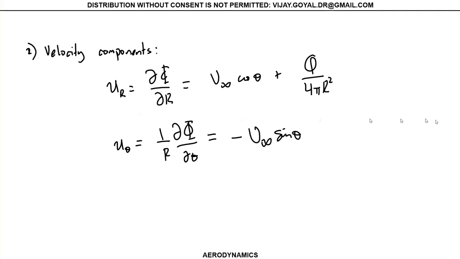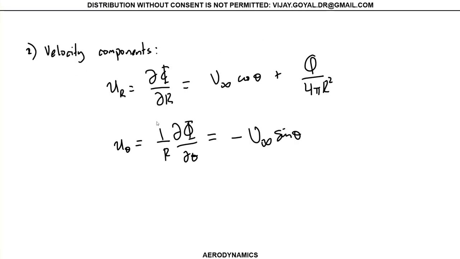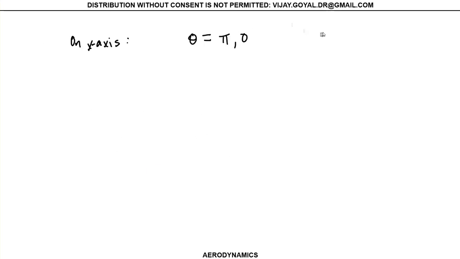So on the x-axis, we know that theta will be pi and it's going to be 0, right? When I put 0, you can see that U theta is automatically equal to 0 at both of these locations.